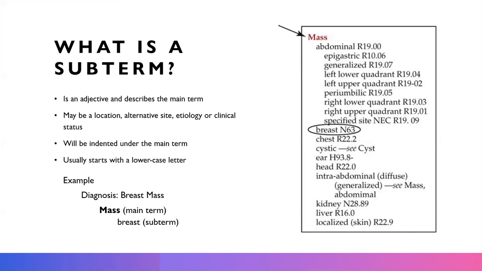Because of the complexity of ICD-10-CM codes, many publishers of the codebook will include lines down each column of the index, and this will help coders navigate through all the different subterms. It's also helpful to use a ruler or something with a straight edge to help keep track of the subterms.